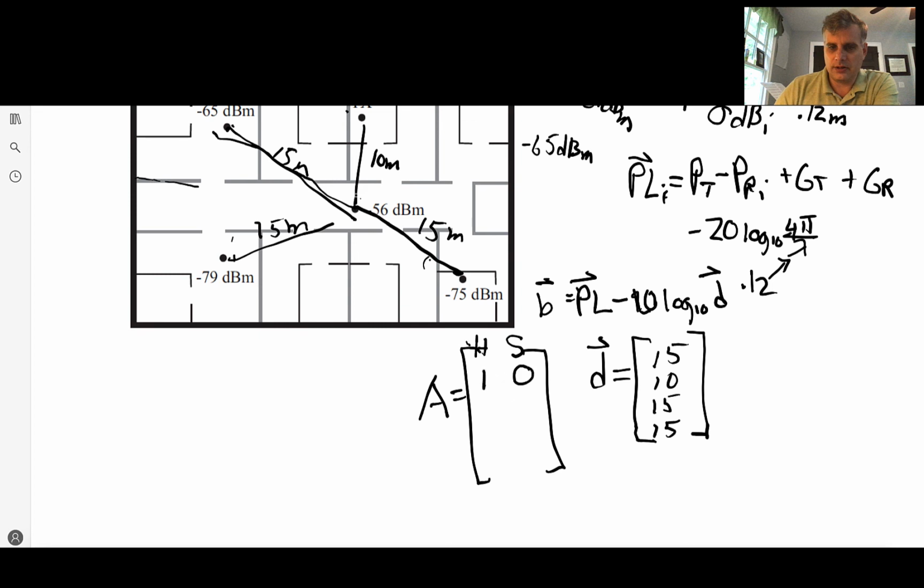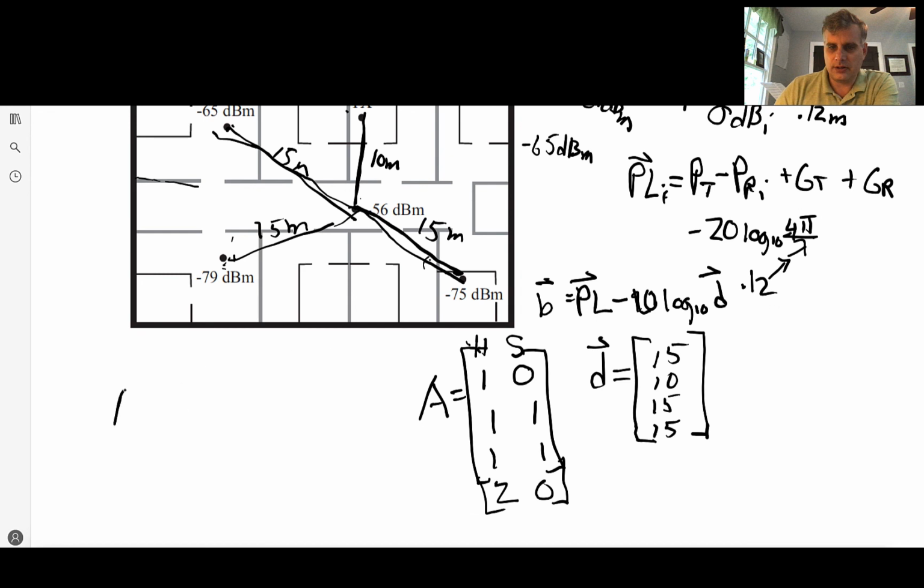For number 2, it goes through a hard and a soft, it looks like. I'm going to put 1, 1. Over here it goes through a doorway again, a hard partition and a soft partition. 1, 1. And this one goes through a hard, and no soft partitions. So I'm going to call that 2, 0. And there, I've defined everything.